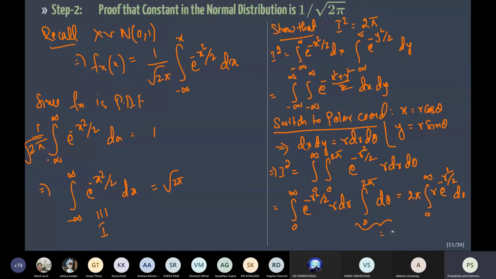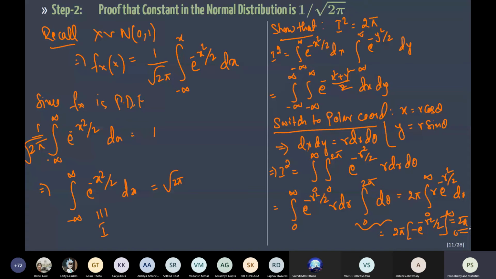So you can do a change of variables: r square is some u, and then r dr will be converted to du with some factor of 2 and so on. After doing all this, what I get is 2 pi times minus e to the minus r square by 2 from 0 to infinity, which is 2 pi.